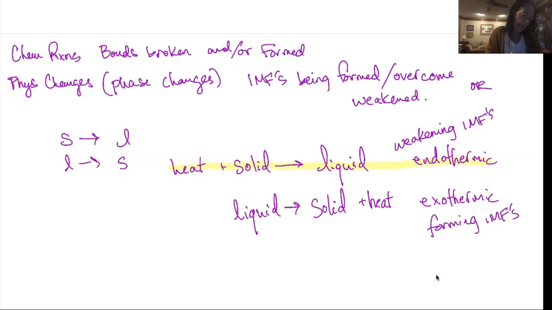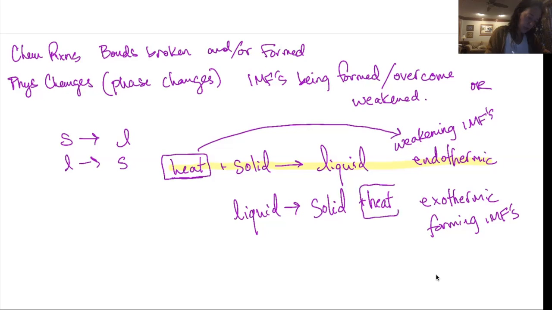So that's where that energy is going. This energy is being put into the system to weaken the IMFs. This energy is being released from the system, allowing IMFs to form. All right, I'm going to leave that at that.